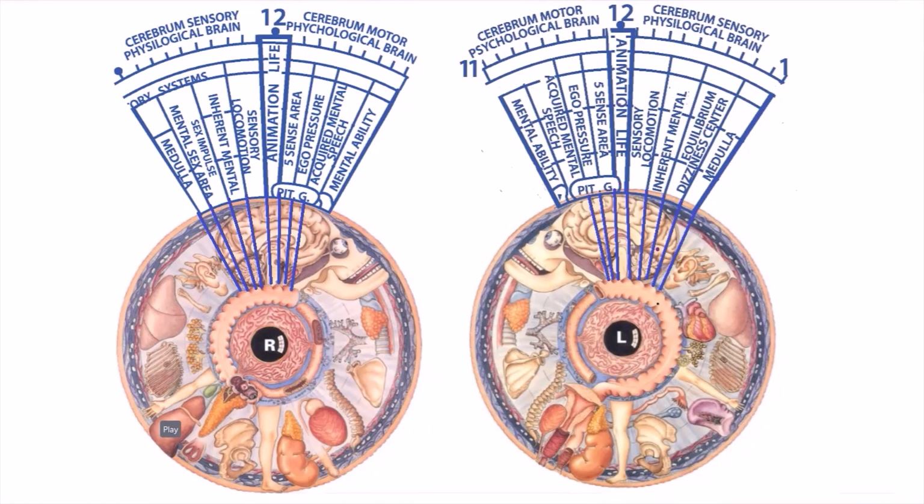All right, and so after that we have acquired mental speech. This forebrain zone contains pineal and pituitary glands, cerebrum, and the hypothalamus. It is known as the brain communication center, also referred to as listening, learning, and speaking.